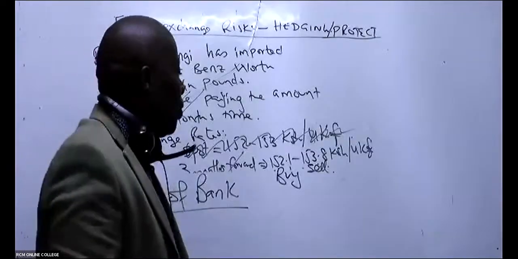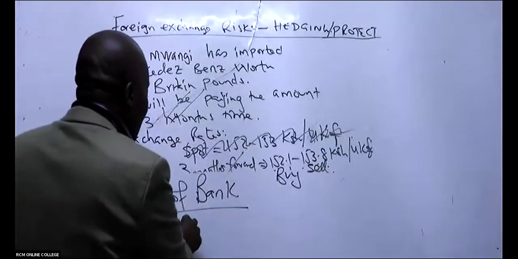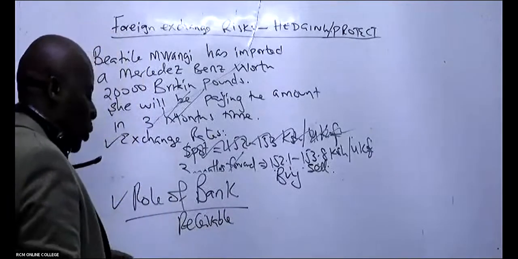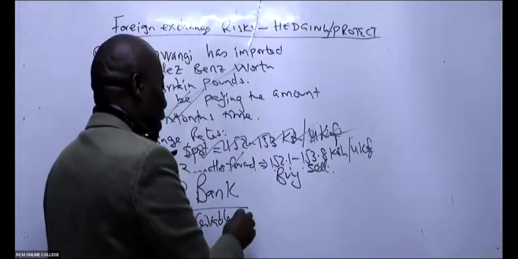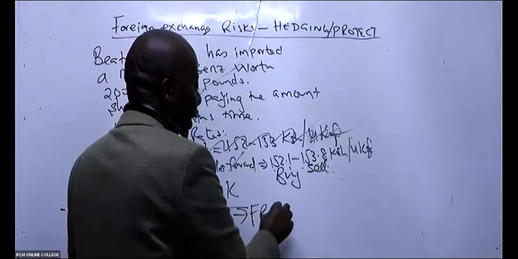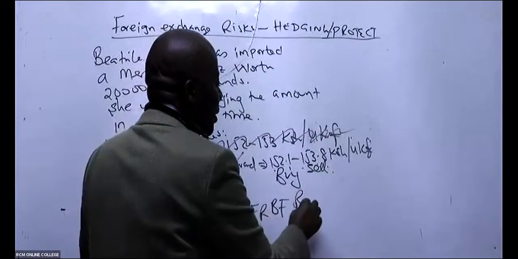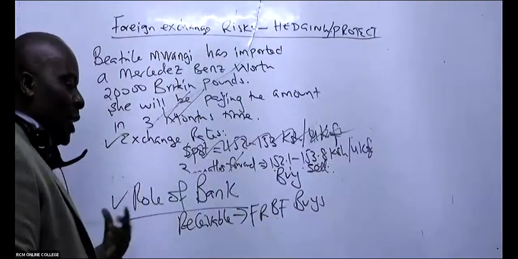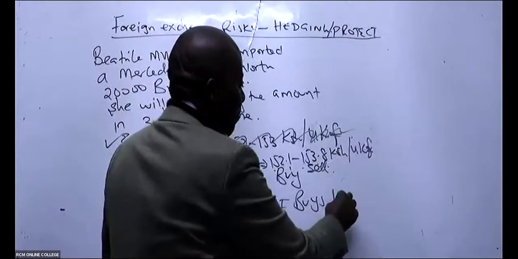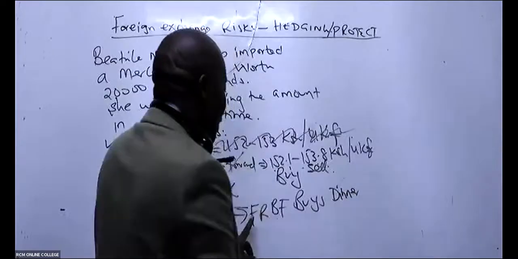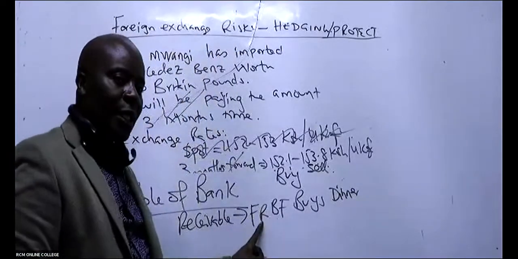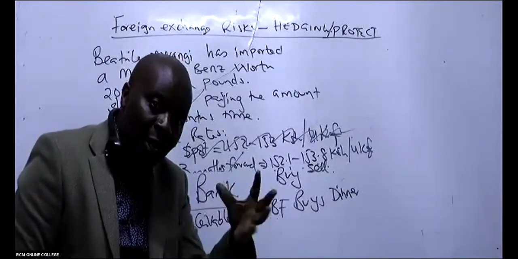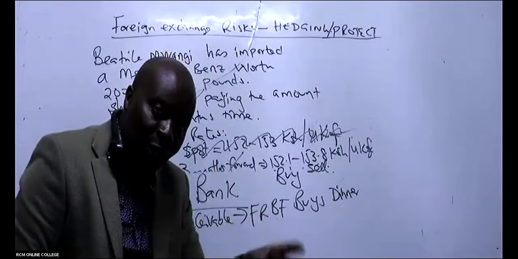Ladies and gentlemen, you will just have to remember this very well: if a question is a receivable question, you are receiving, then remember that a foreign boyfriend buys dinner. Anytime you see you are receiving, a foreign boyfriend buys dinner. Foreign means foreign receipt. If Beatrice Mwangi is receiving foreign currency, that is a foreign receipt.